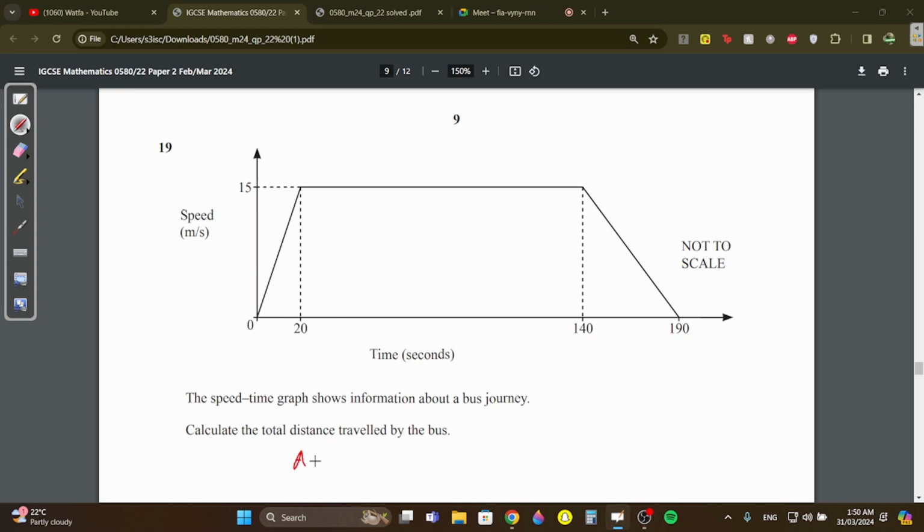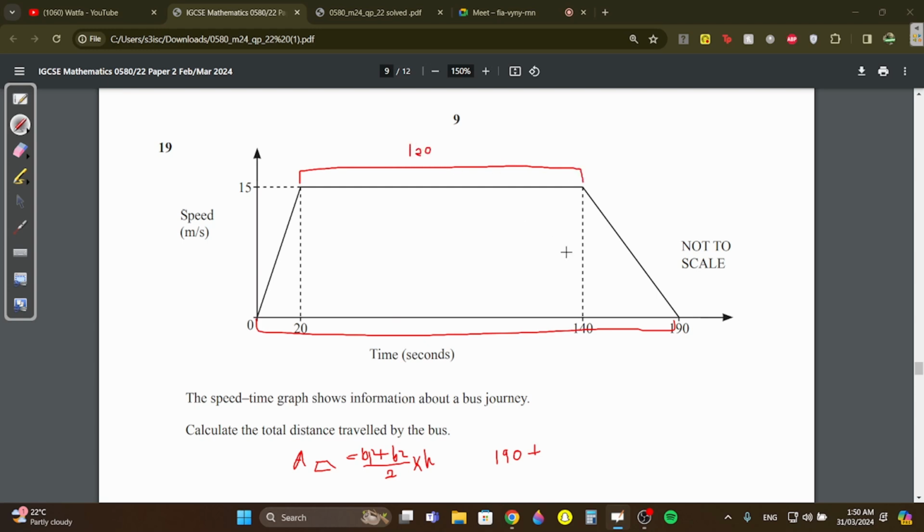The area of any trapezium is base 1 plus base 2 over 2 times the height. Our first base is 190 plus our second base, which is from 20 to 140, so which is 120, because 140 minus 20 is 120, over 2 times the height. What's the height? It's obviously 15.